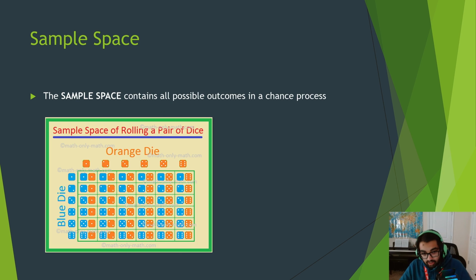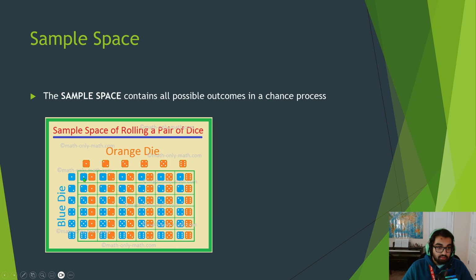So, let's talk about sample space. This is a sample space of 2 consecutive dice rolls. Just to make it simpler, we have a blue die and an orange die. If you roll the blue die and then the orange die, the probability for any one of these specific series of outcomes is going to be 1 in 36.